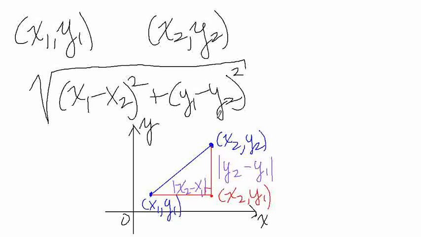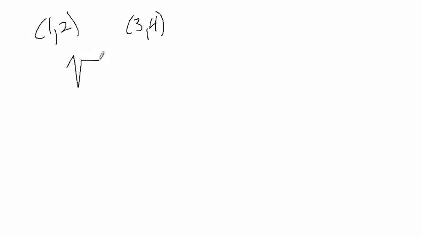All right, so let's finish with some examples. Can you please calculate the distance between 2 points with the following coordinates? 1, 2, and 3, 4. Actually, why don't I do an example and then I'll have you do an example. So the difference in the x coordinates is 2.